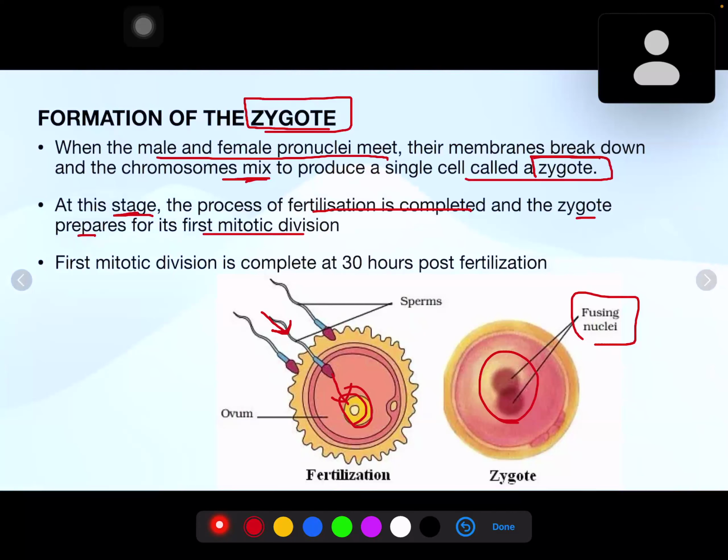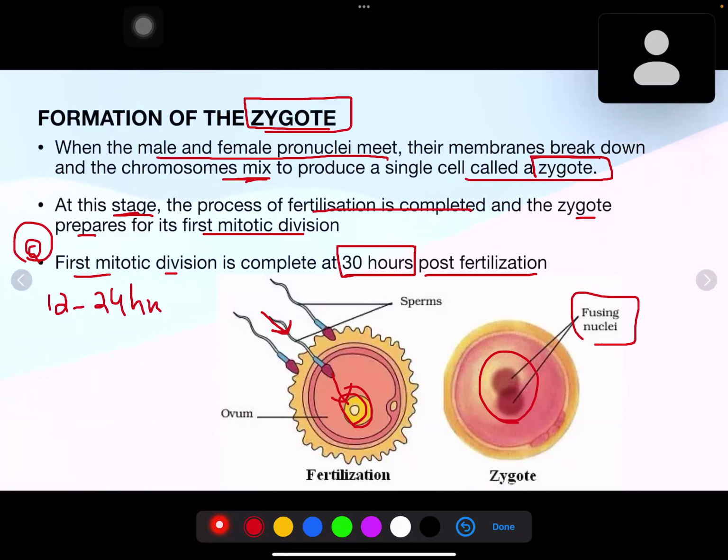Now, this is an important question as well. The first mitotic division is complete at 30 hours post fertilization. Up till now we have read two timelines. We have discussed that fertilization occurs 12 to 24 hours after ovulation.